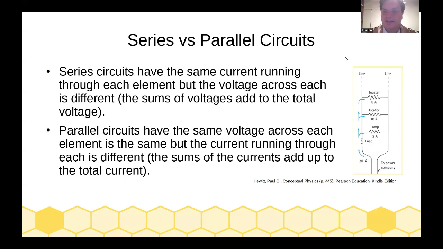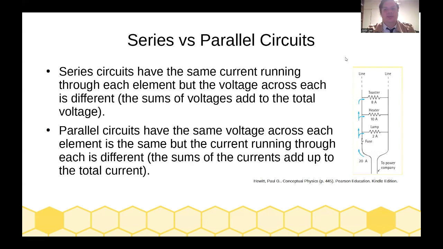Because you don't want your power to go out if one light bulb in your house goes out or if a fridge is running improperly, you'll generally have every appliance in your house set up in a parallel circuit.